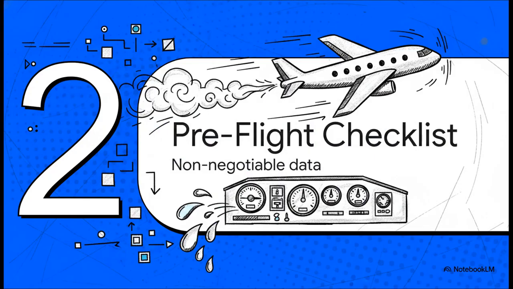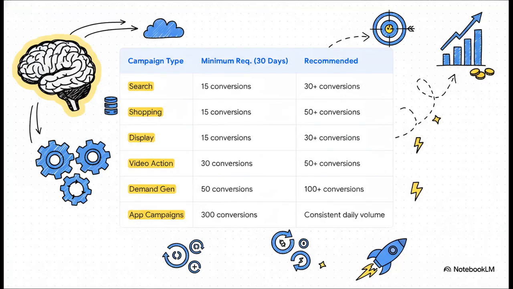Now, before you even dream of flipping that tROAS switch, you absolutely have to run a pre-flight check. I'm serious, if you skip this part, your campaigns are basically set up to fail before they even get off the ground. This data isn't just a suggestion, it's the fuel that makes this whole thing run. And the most important piece of that fuel is historical data. Google's AI needs something to learn from, and the amount it needs actually changes depending on your campaign type.